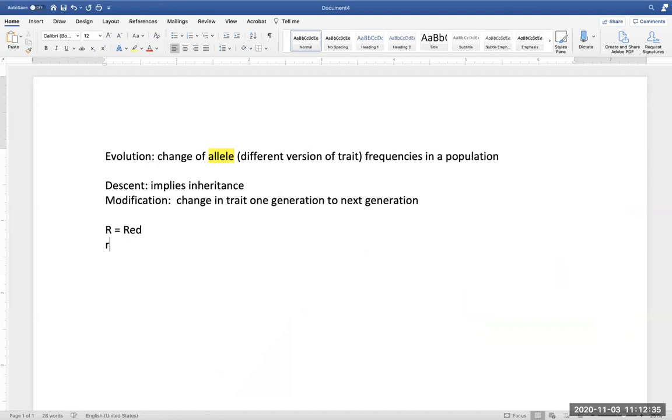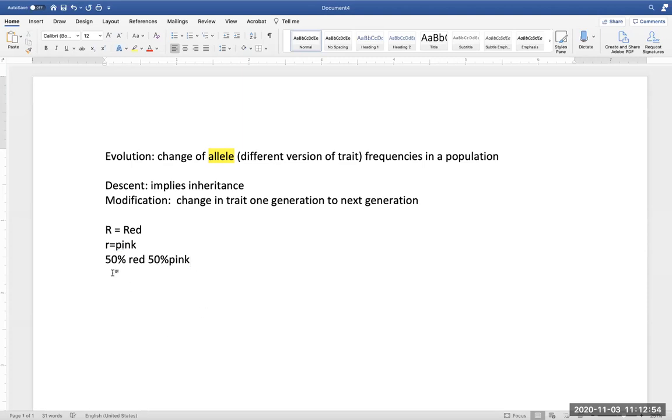After you did the Punnett square, maybe you got the allele frequencies 50% red and 50% pink. So these are your allele frequencies.